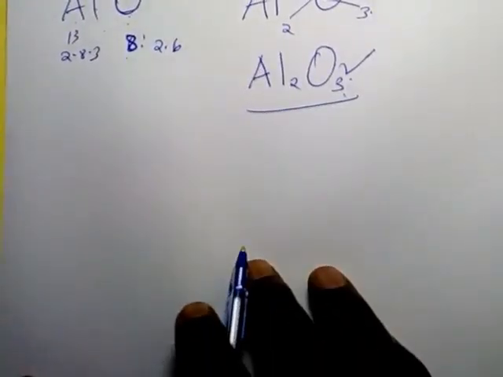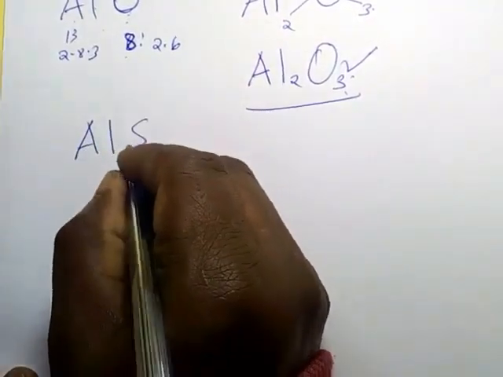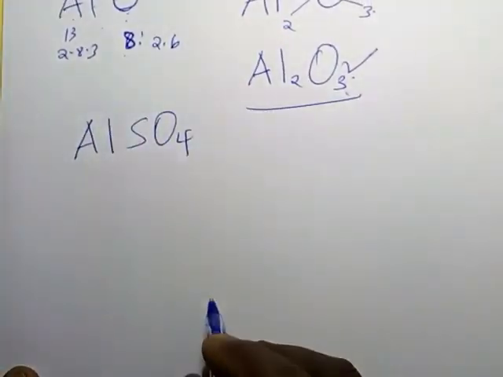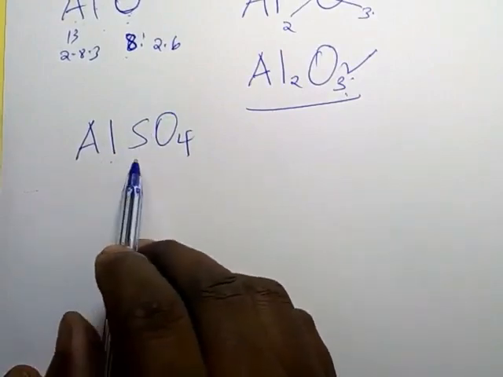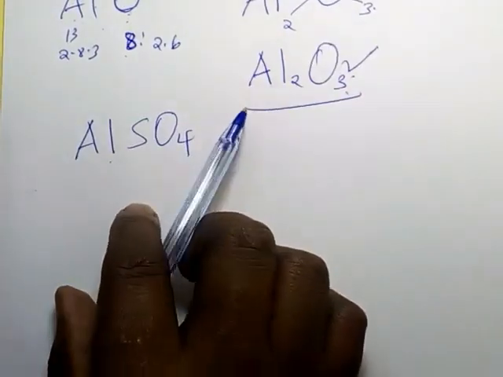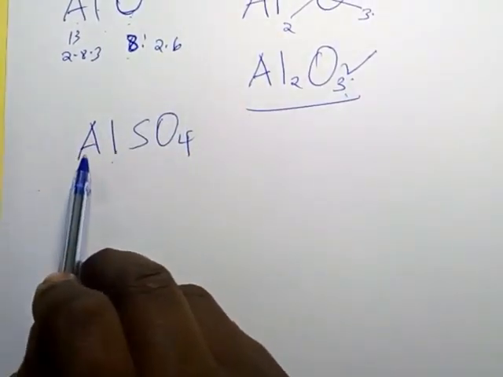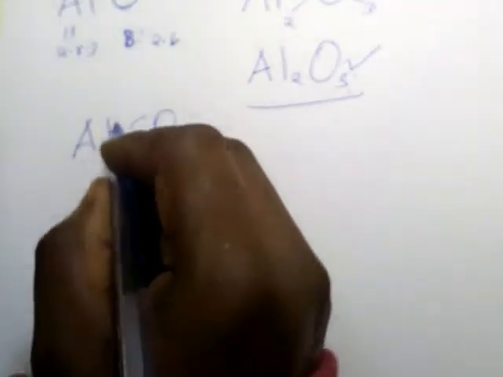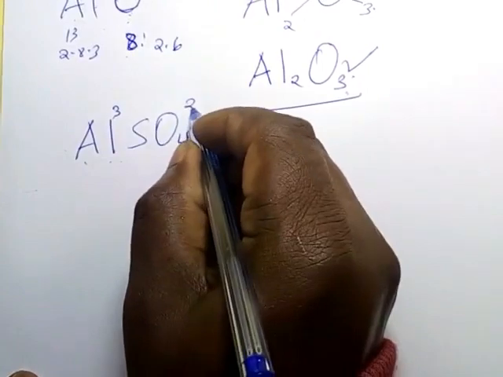Suppose I want to write aluminium sulfate. If you write like this, initially you are fine, you are okay. This is aluminium sulfate. Now the only thing is that you have not asked yourself, what is the valence of the sulfate? What is the valence of aluminium? Aluminium is valence 3. We have said that. The sulfate is valence 2, right?